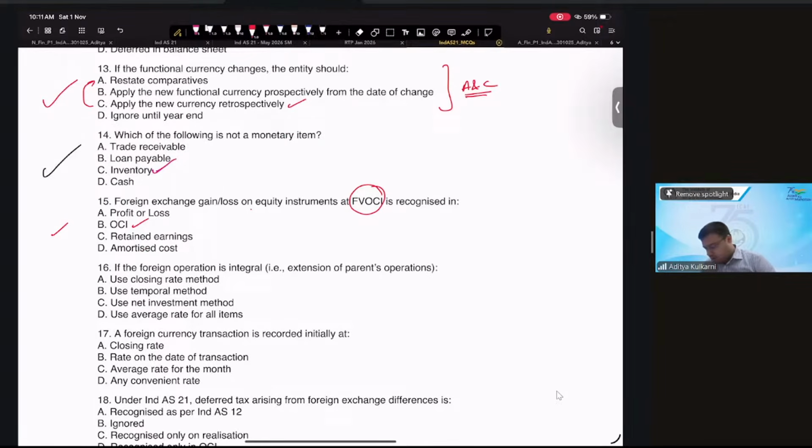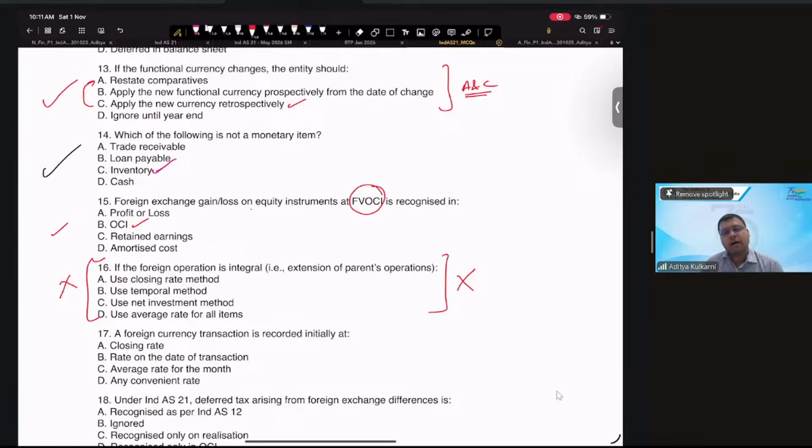If the foreign operation is integral, 16. Okay, I think we don't have this. On the 15th question, can there be any foreign exchange gain or loss on equity instruments, since we value it at the acquisition date?